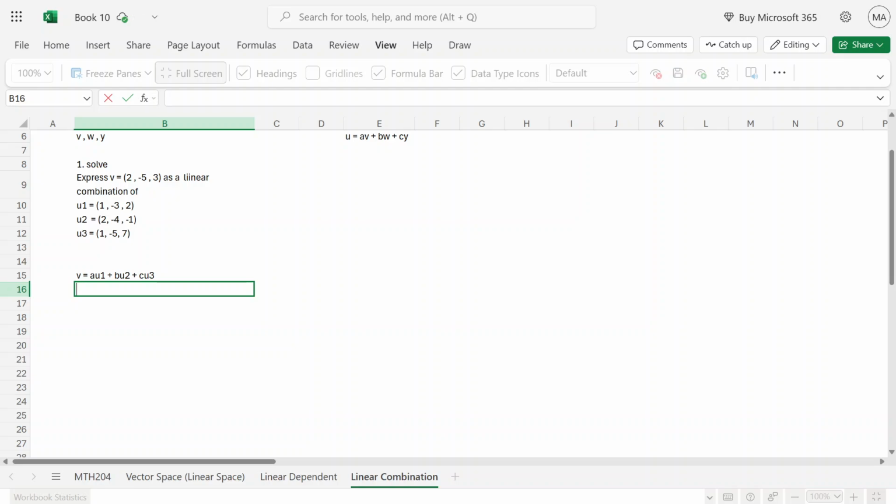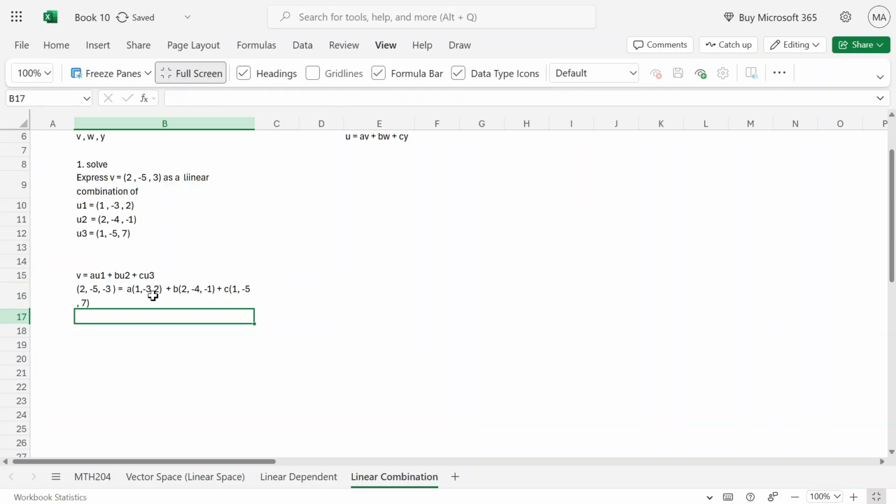Now let's write it. The vector 2, minus 5, 3 equals a times the vector 1, minus 3, 2, plus b times the vector 2, minus 4, minus 1, plus c times the vector 1, minus 5, 7.